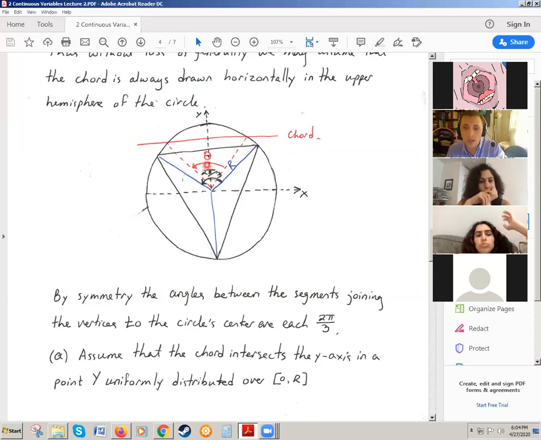So further is more likely in this setup, because 0 angle means this point, etc. So if the angle is randomly distributed, it does not correspond to a random distribution of distances. Make sense? So I personally do not find it surprising anymore at all.